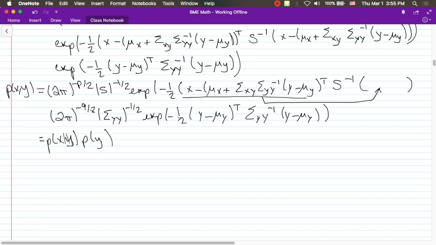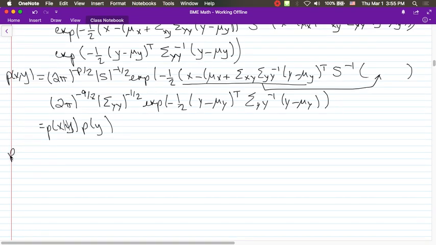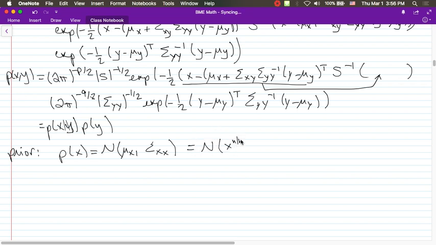So we started with the following. We started with a prior. We said P of x was normally distributed with mu x and sigma xx. And we said that's equal to a normal distribution with our prior, x of n minus 1 and P of n minus 1.